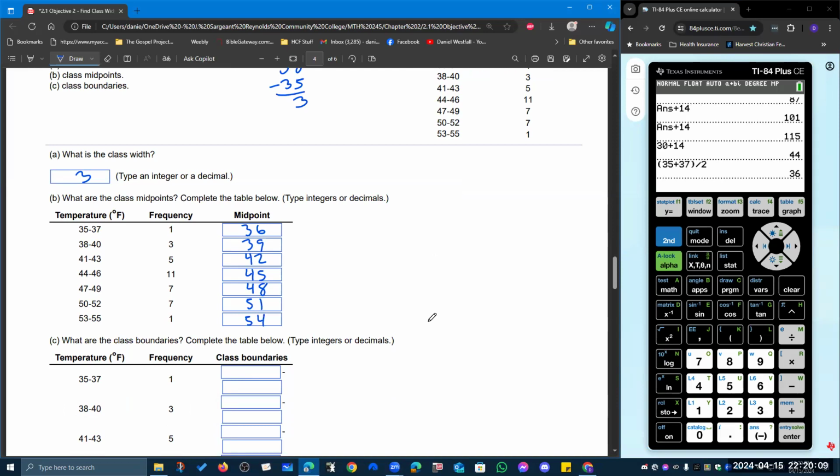Now if I want to make them all touch each other, I'm going to have to add 0.5 on the right and subtract 0.5 on the left.